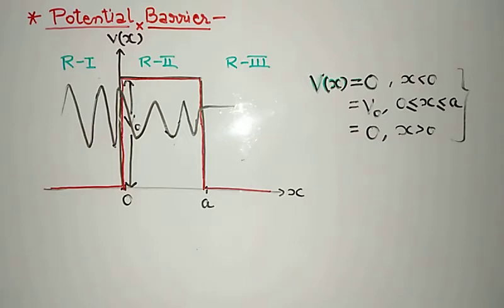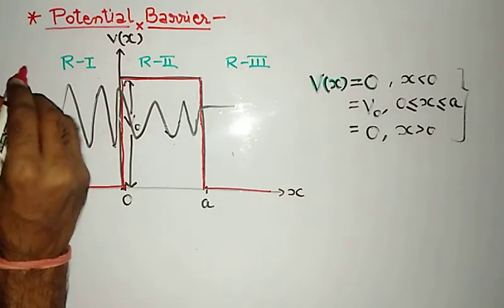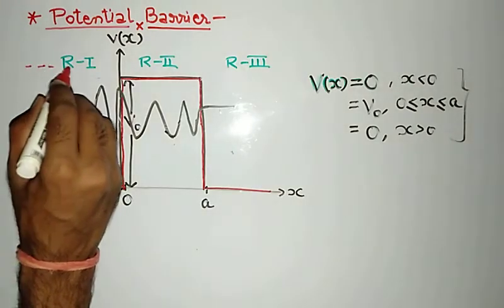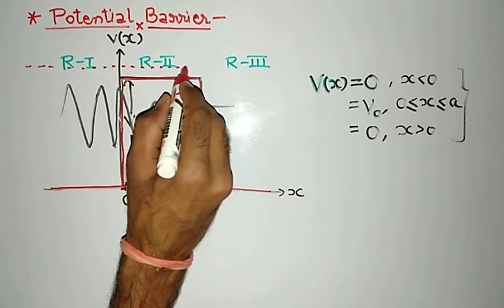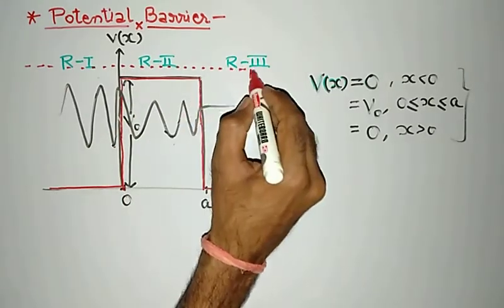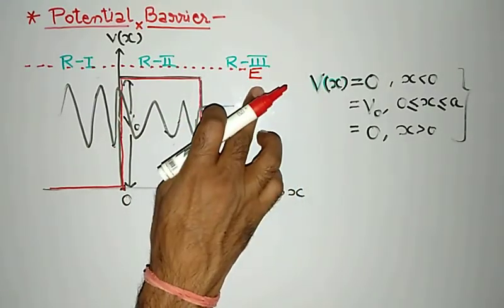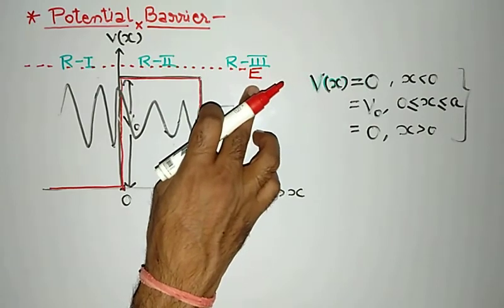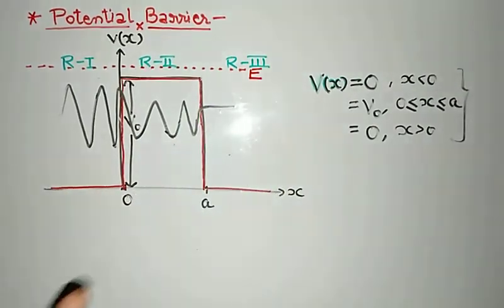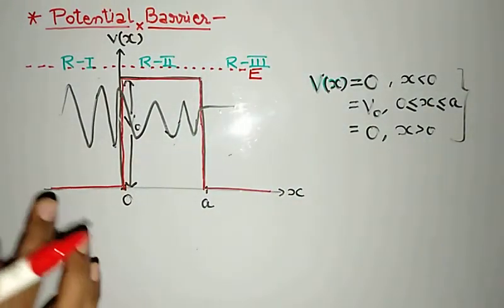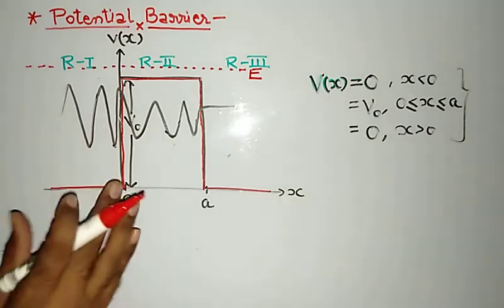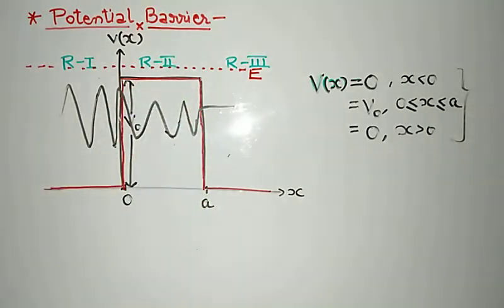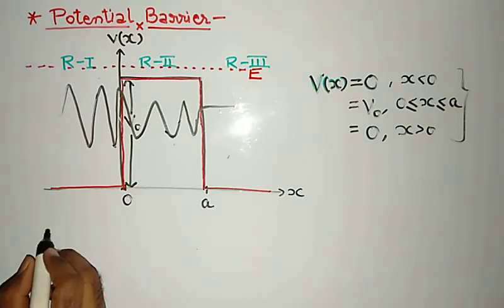So, we can draw here this outline. This is E. It means that we are treating those particles whose energy is higher than this potential height. So, we have two cases for study.